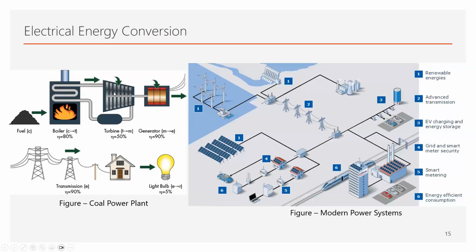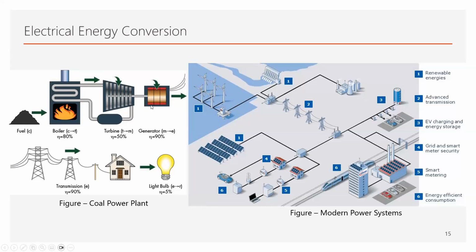What happens is if you boil water with the help of a fuel, it could be coal, it could be nuclear, we simply boil water and this water becomes steam. This steam is used to rotate this turbine.